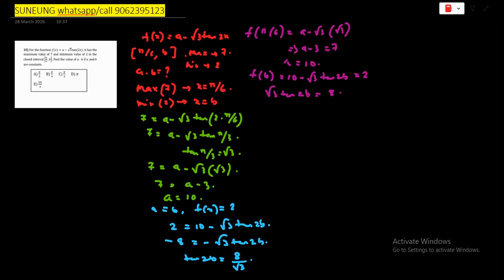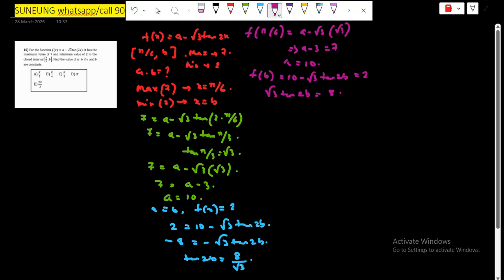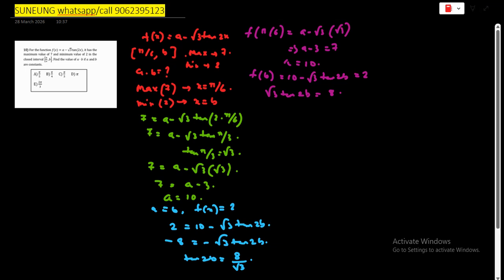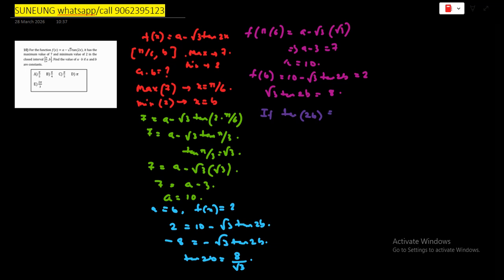However, in a standardized test, if a into b must equal one of the choices, let's check if there is a misreading of the image. Okay, so let's try a standard value. If tan 2b equal to root 3, then 2b is what?